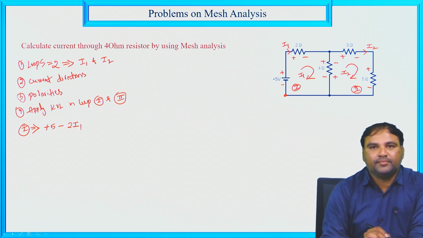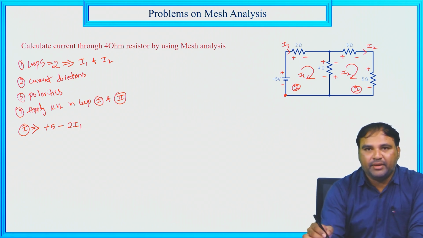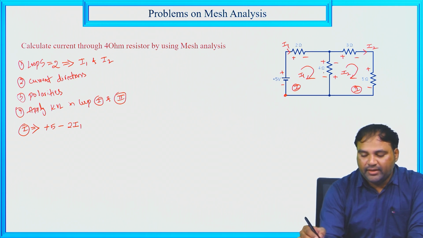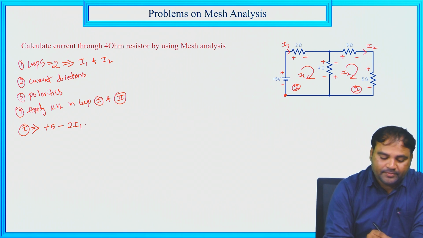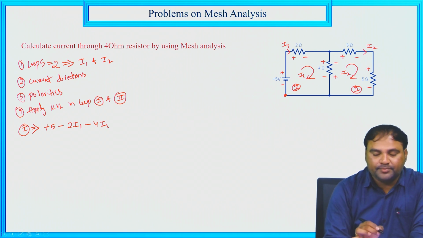2I1, right, the current is I1. So minus 2I1. Now in this loop, for the first loop, the second polarity is minus and the voltage drop is 4I1.